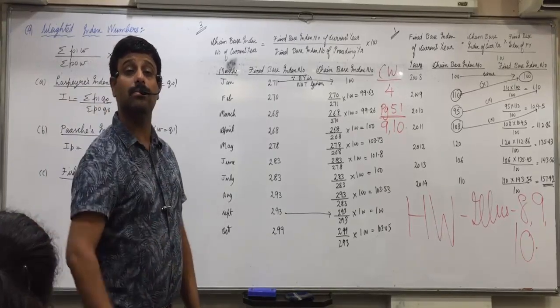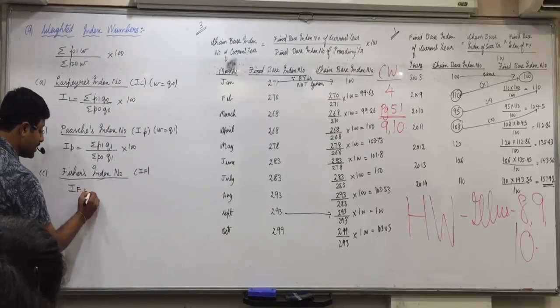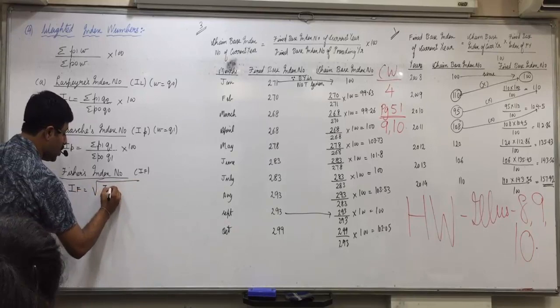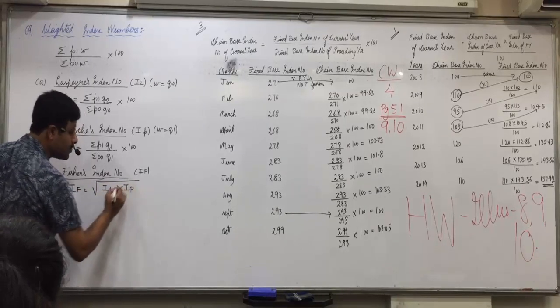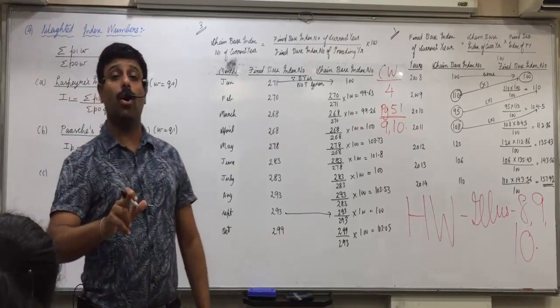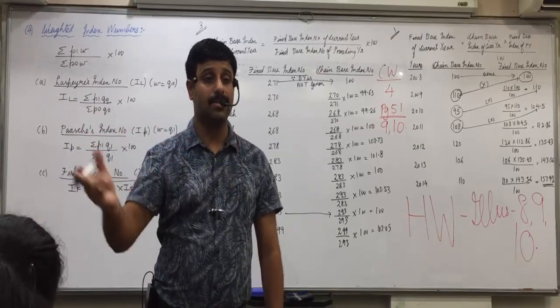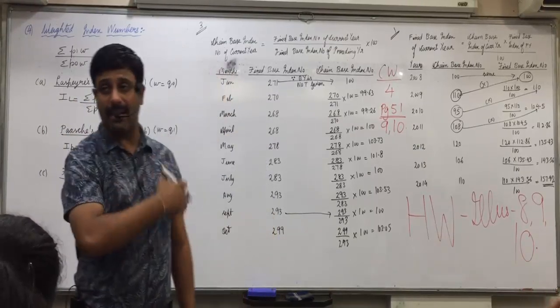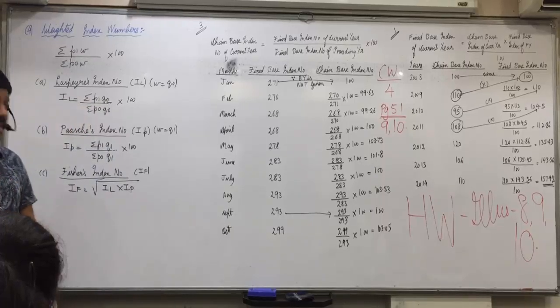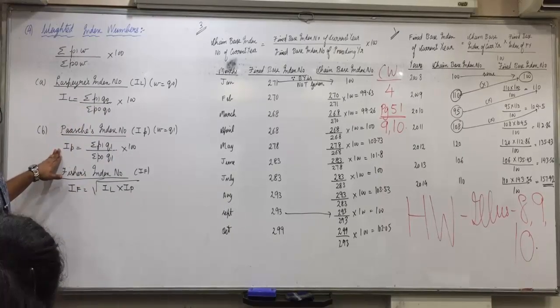He has done nothing of his own; he has taken the index number as the geometric mean of Laspeyres and Paasche's. Geometric mean is the best measure of central tendency when you measure the change in prices, and here we are measuring the change in prices. So it is considered to be the best index number.